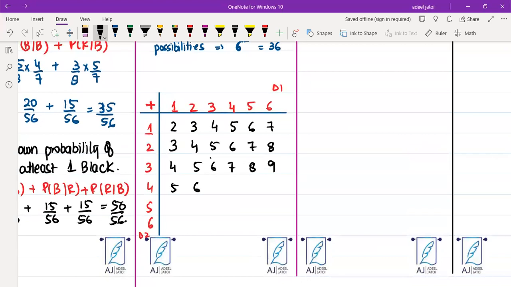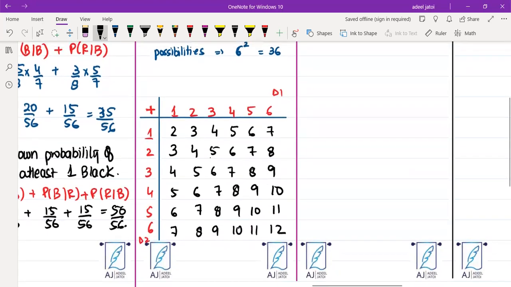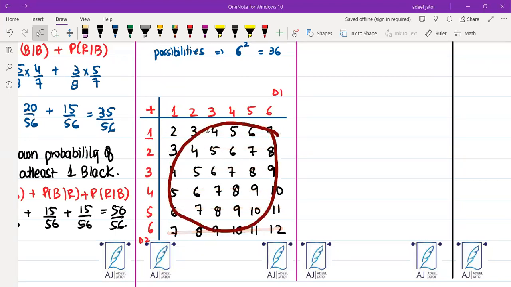This should be 5, 6, 7, 8, 9, 10. This should be 6, 7, 8, 9, 10, 11. This should be 7, 8, 9, 10, 11, 12. So the 2 dice's sum will be based on this. If you look at the total possible outcomes, 6, 6, 6, 6, 6, and 6, the total is 36.